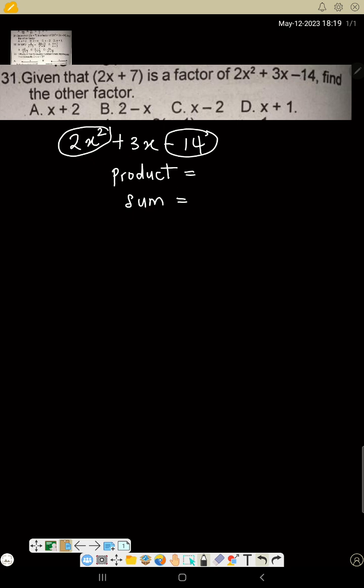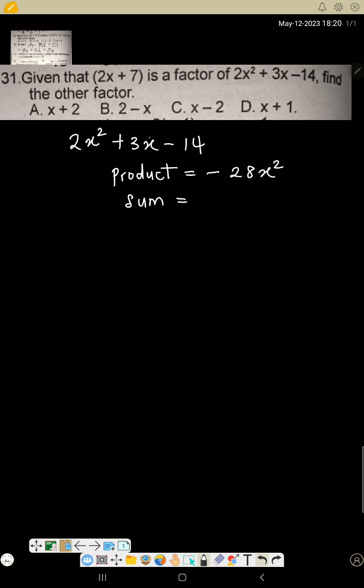So that is 2 times minus 14. That is minus 28x squared.